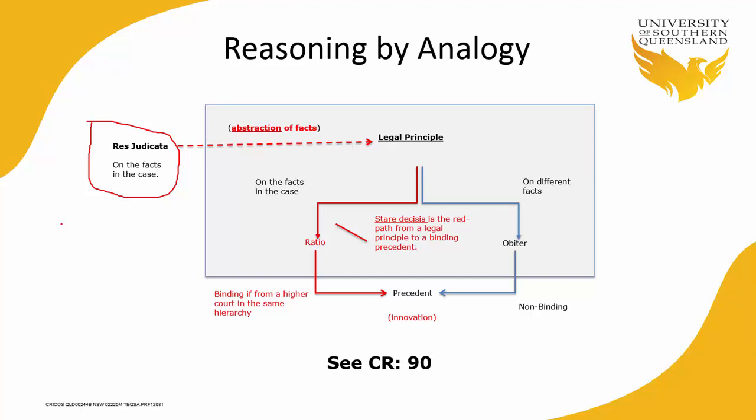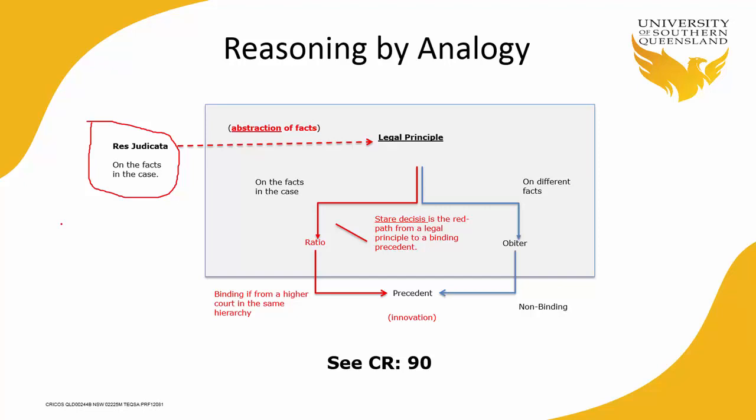Now, having a legal principle in itself does not give us a precedent. And you can see on this slide that there are two things that could happen. This legal principle could then become a ratio, namely a ratio decidendi, i.e. the reasoning behind the decision in a given case. Okay?